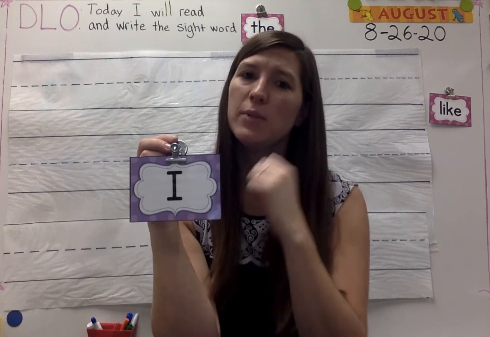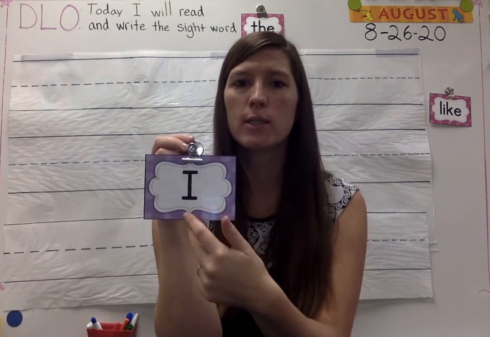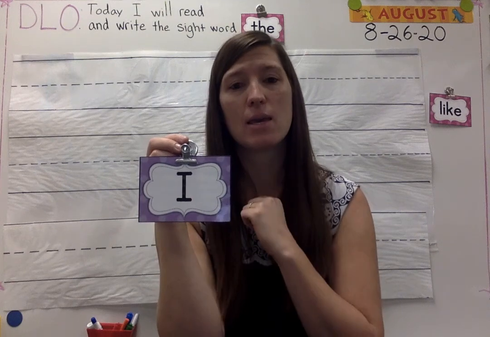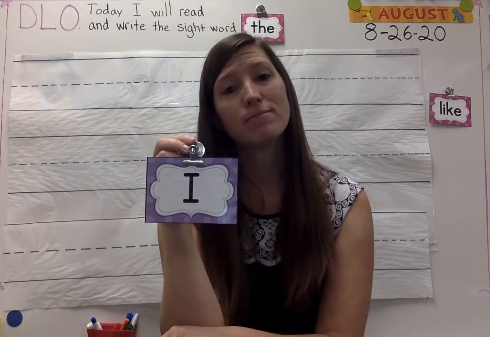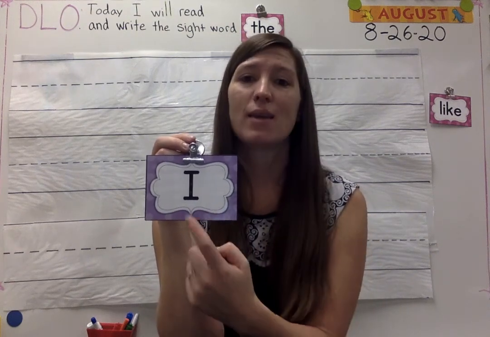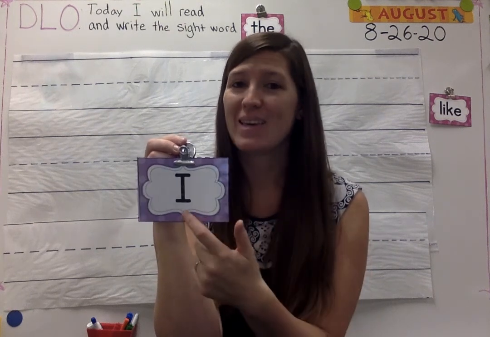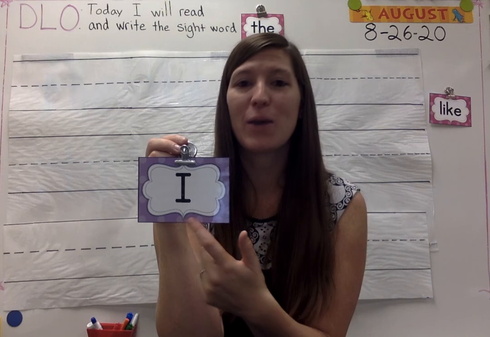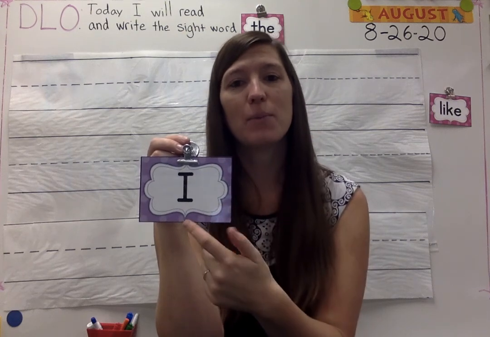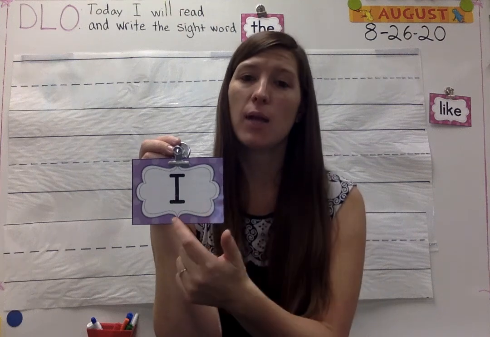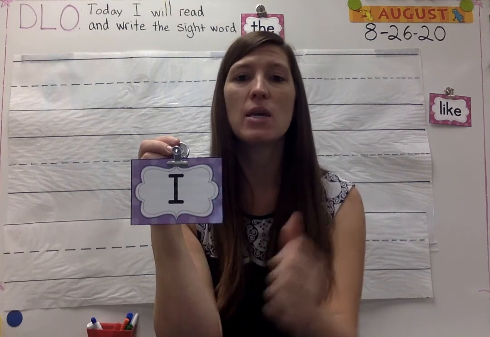I means the same as me, it has 1 letter, look and see. Capital I spells I and I is about me. M-E.